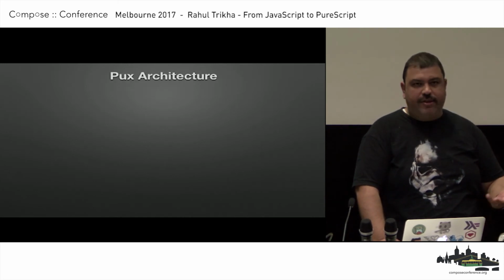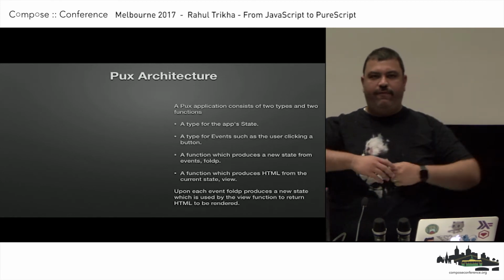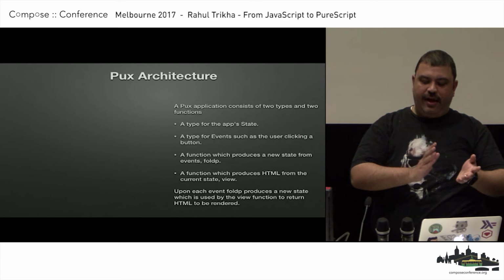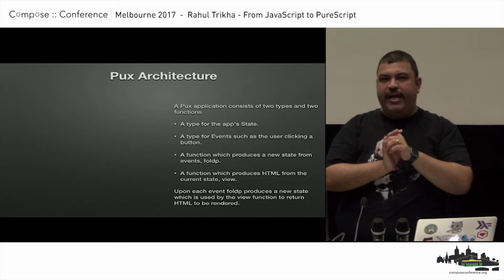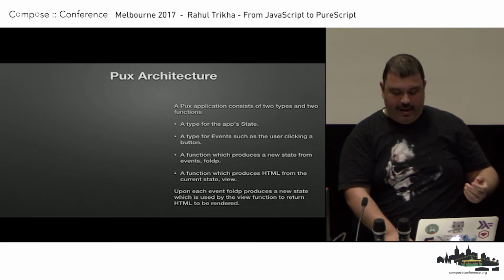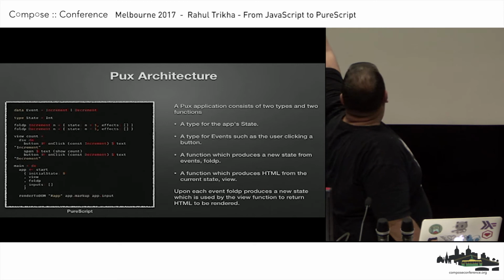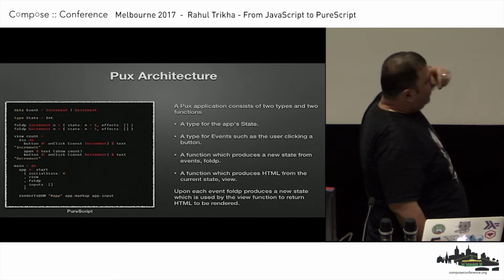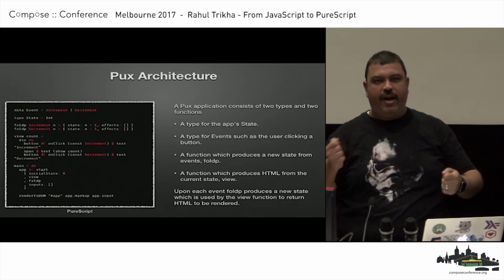So let's have a look at Pux's architecture. A Pux application consists of 2 types and 2 functions. Your first type is for your application state, which could be, in this case, just an integer, which is type State on the second line. The second type is of the events or actions your application can handle.